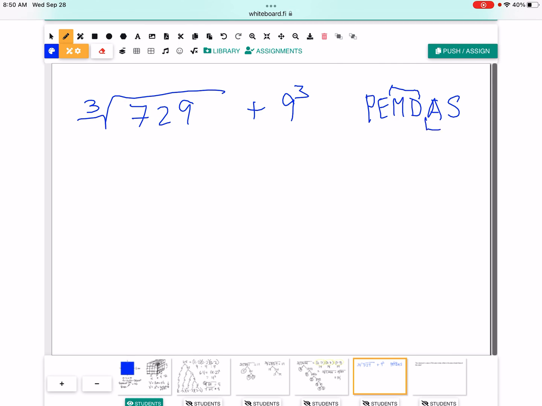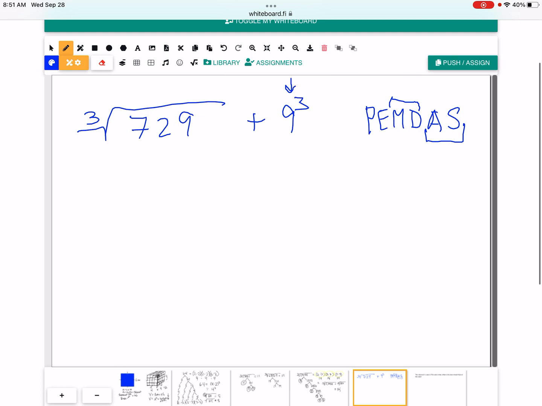And then it's going to be addition and subtraction that are also buddies, and they will also be done in the order that they occur. So no parentheses here, but we do have an exponent. Here's our exponent. It's 9 cubed. All right, and 9 cubed happens to be 9 times 9 times 9.